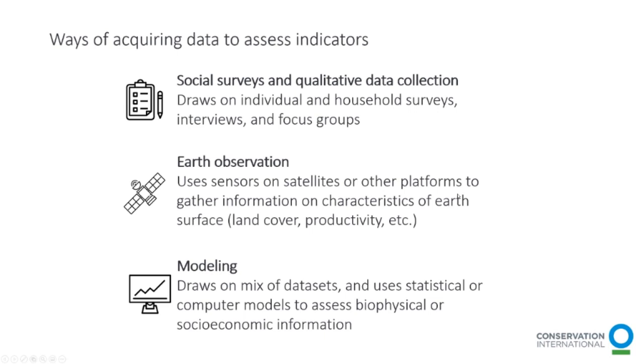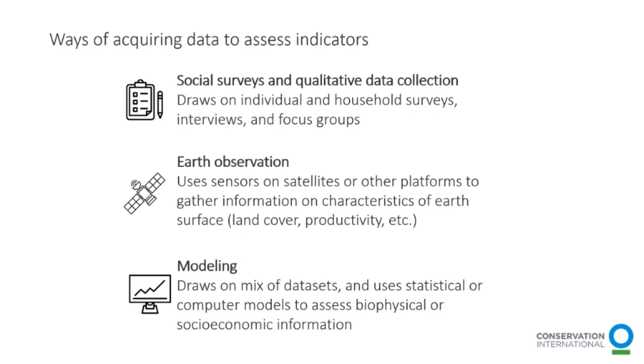So how do you actually acquire the data needed to assess the indicators within this monitoring framework? This is a simplification, but just to give a broad overview of the various ways in which data might be acquired. What I've done in this presentation is you'll see these three icons used throughout to describe the various means of acquiring data.